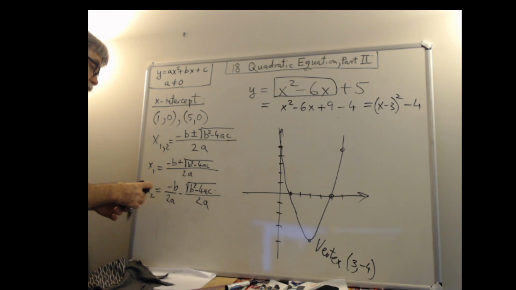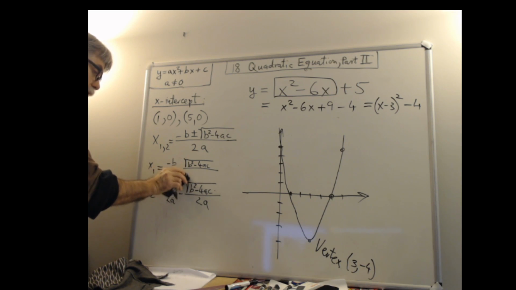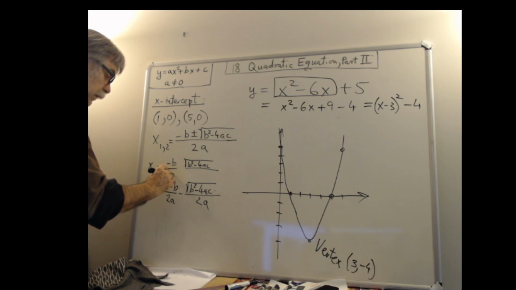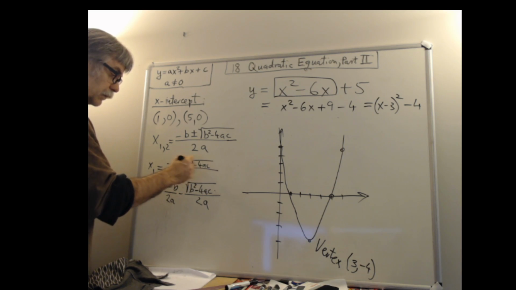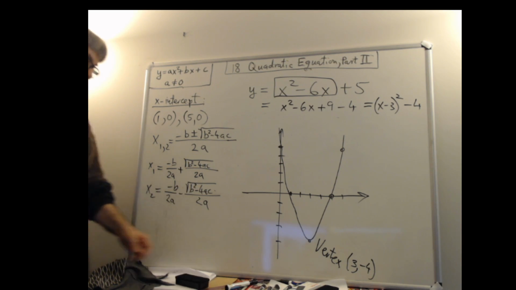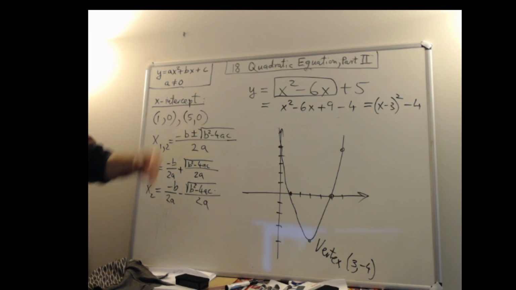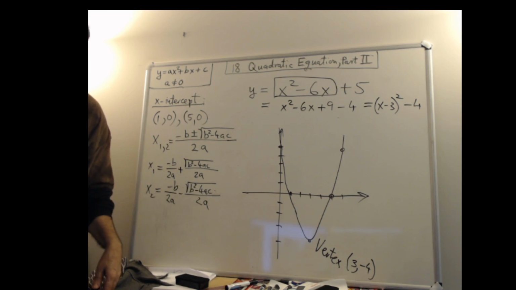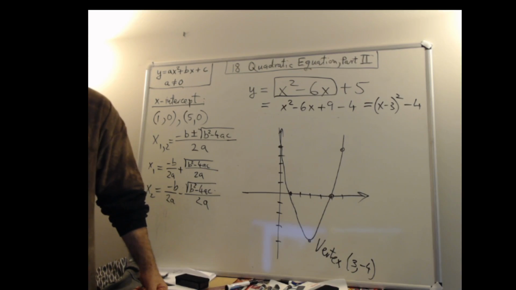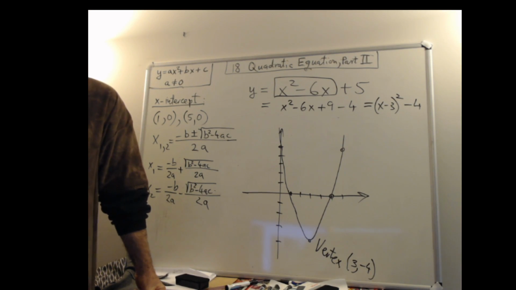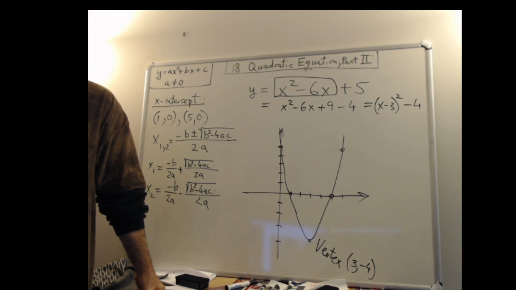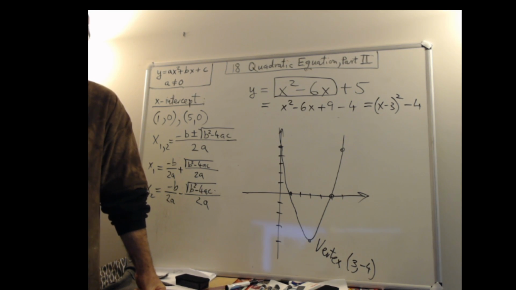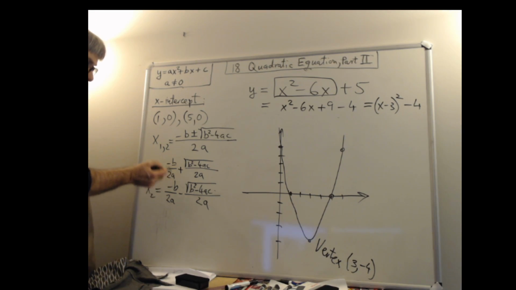You can do the same thing here: negative b over 2a plus the whole radical over 2a. So you have this number and add something, and have the same number and subtract something. Like 30. You add 5, you get 35. You subtract the same number, 30 minus 5 is 25. What's the average of 25 and 35? 30. So this is the average of these two guys.